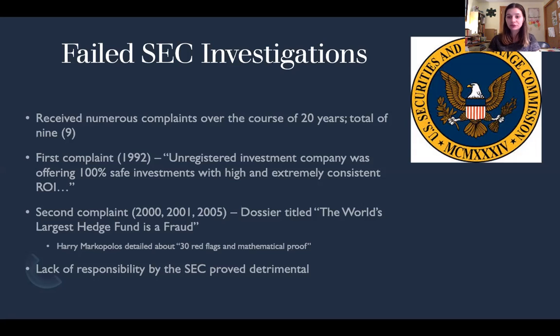And it just seemed a little bit fishy to them. So while the SEC wasn't necessarily punished, they were just frowned upon for lack of responsibility. And personally, I believe that if the SEC had investigated sooner, then Madoff wouldn't be able to operate a scheme for 20 years and make off with $65 billion worth of funds.